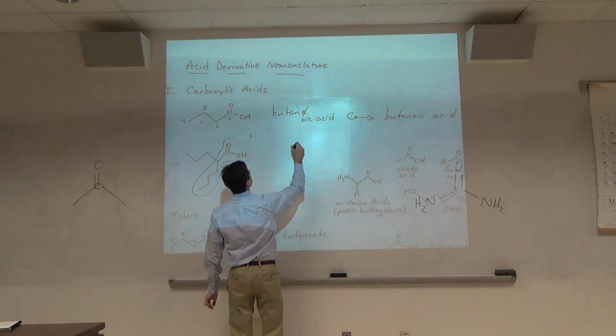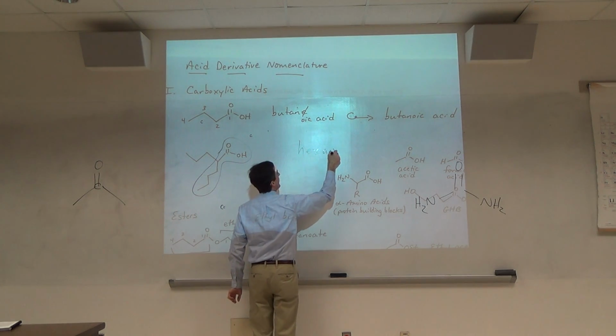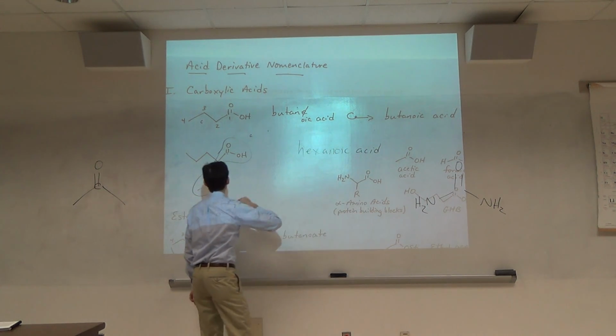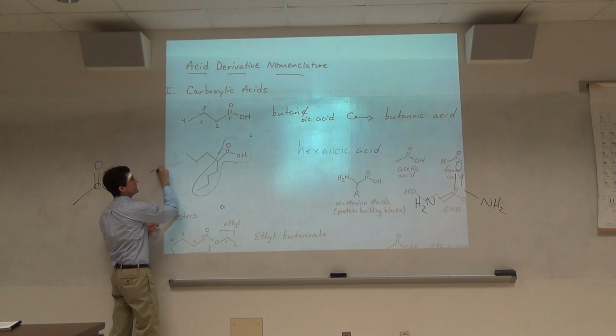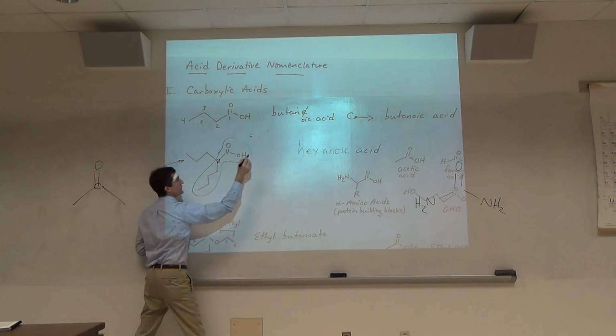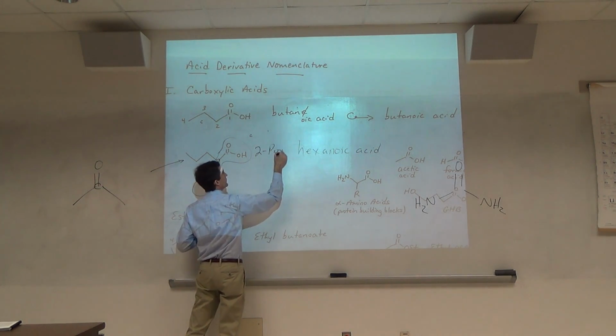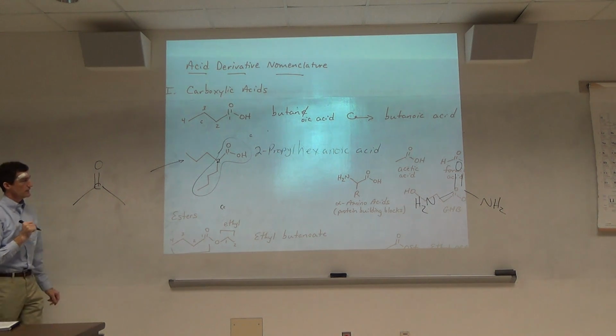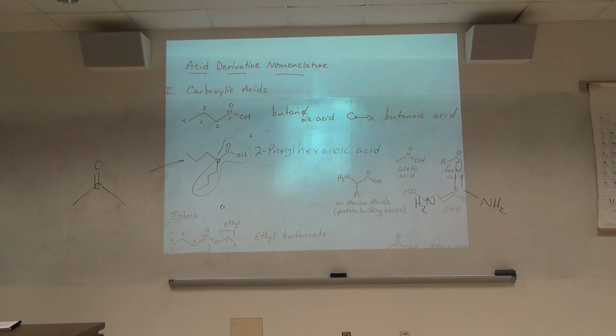So what do we have here? Not hexane, but hexanoic acid. What's on the hexanoic acid? We got a propyl at what position? 2. 2 propyl hexanoic acid. Looks like it should be all one word. 2 propyl hexanoic. Acid is a separate word. Looks pretty straightforward.